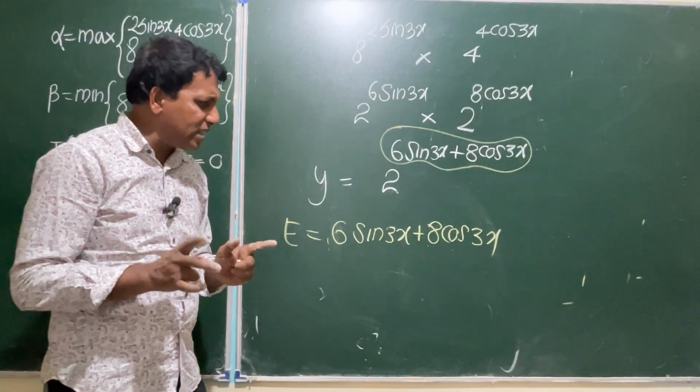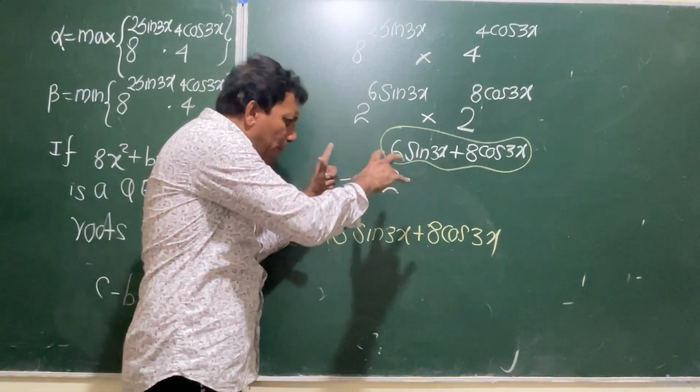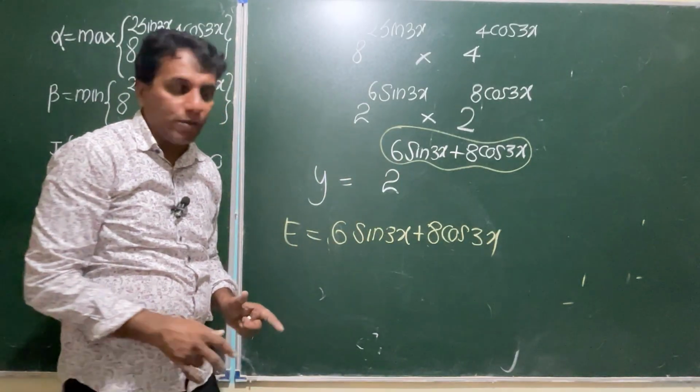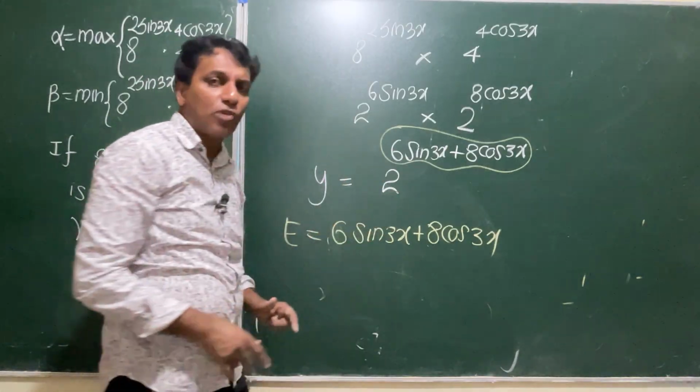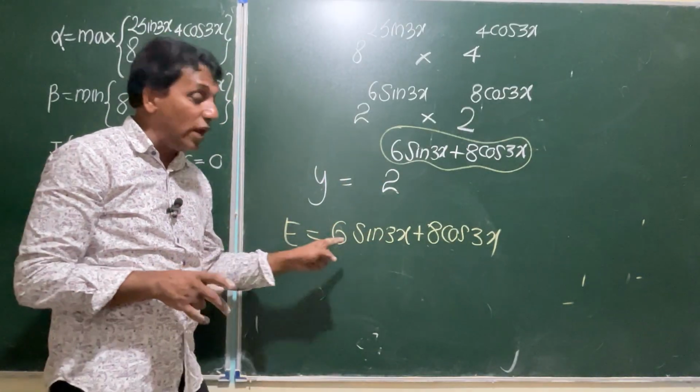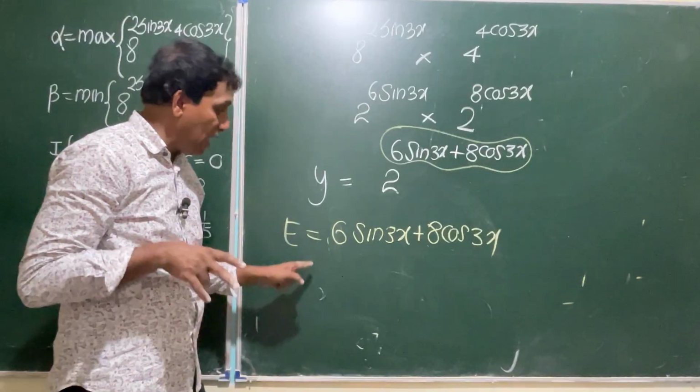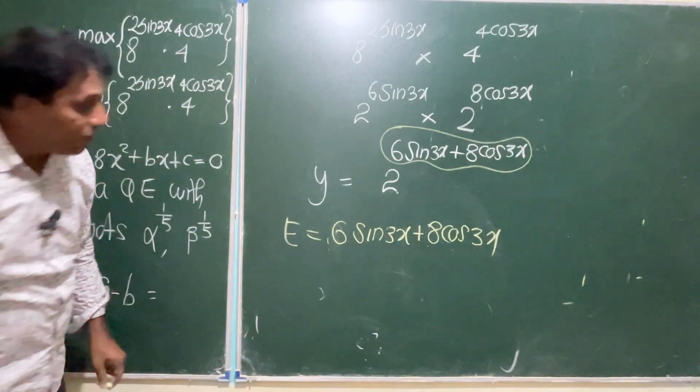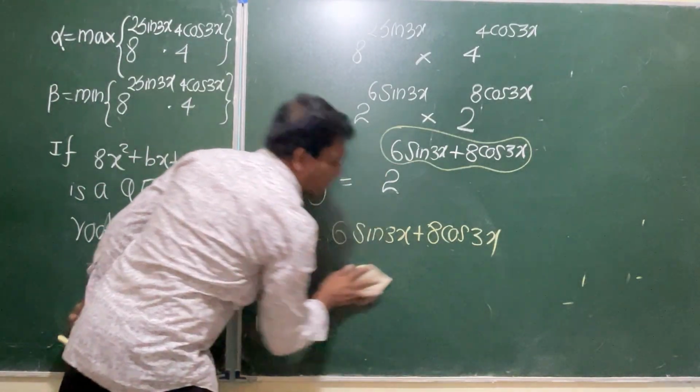Therefore, the technique is to try to get it completely in terms of sine or completely in terms of cos. I hope you have learned this at school level or in tuition classes. Okay, see how to convert this into completely cos or sine.